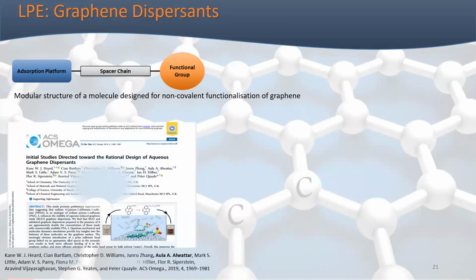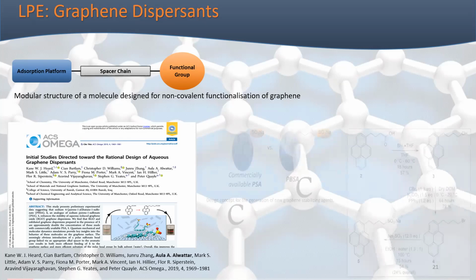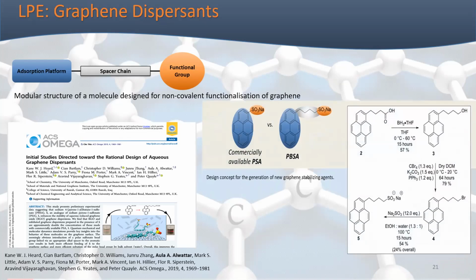In a preliminary study, the stabilizing ability of commercially available PSA and pyrene butyl sulfonic acid salt, as you see here, PBSA, was compared. PBSA was synthesized in 3 steps as shown in this scheme.